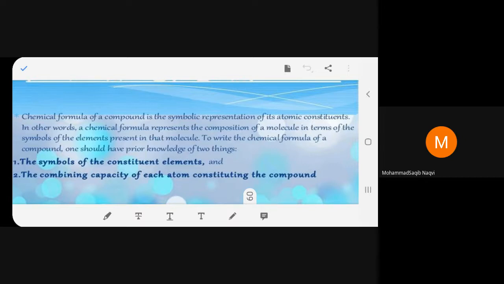We have to write down the symbols to make it short, isn't it? So it becomes very easy for us to convey the message, for us to write down the chemical equation. Is it clear? Yes, ma'am.